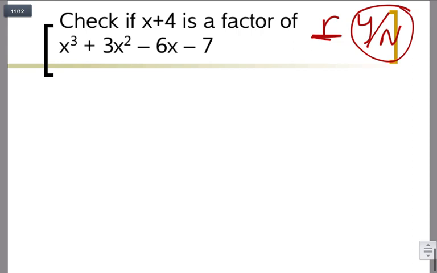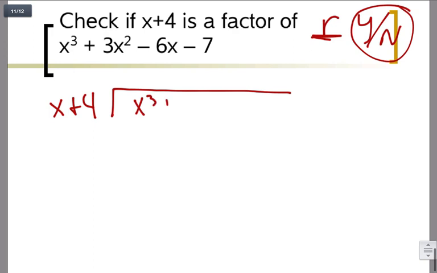If there is no remainder, then it does go in evenly, so it is a factor. So you actually have to do the long division, whether or not x plus 4 goes into x to the third plus 3x squared minus 6x minus 7. So you have to do the whole work just to find out whether or not there is a remainder. Okay? So let's do that.